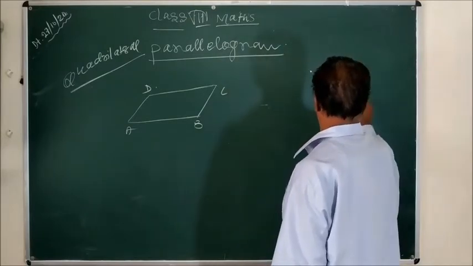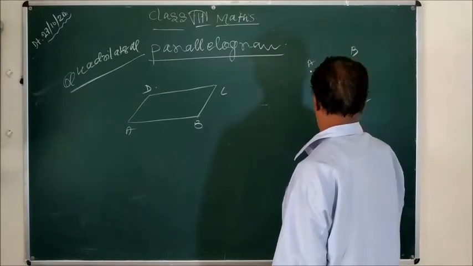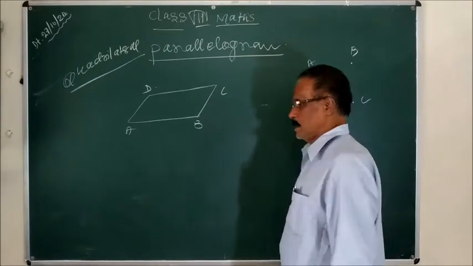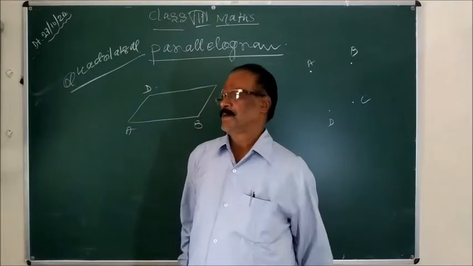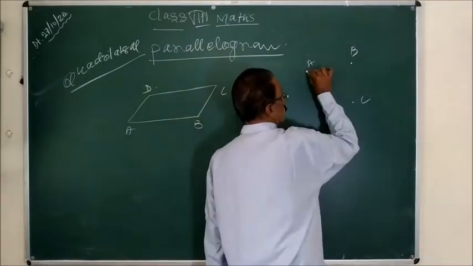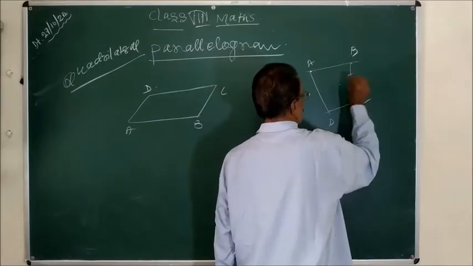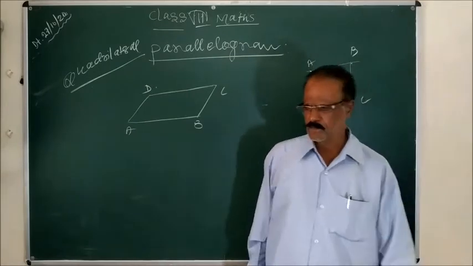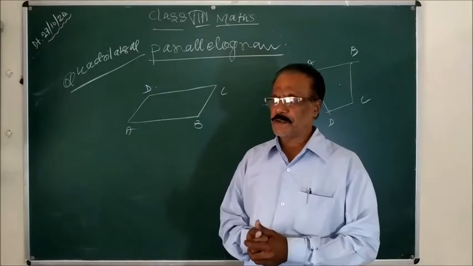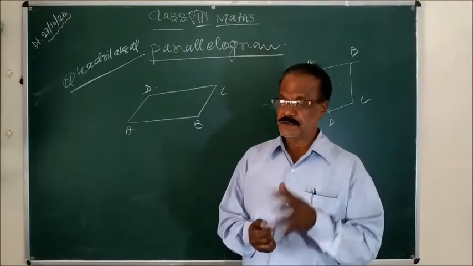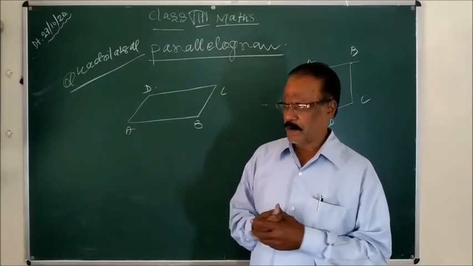If we take 4 points and any 3 of them are not collinear, and if you join these 4 points in order, you will form a quadrilateral. Or in simple words, any figure which is enclosed and bounded by 4 sides is a quadrilateral.